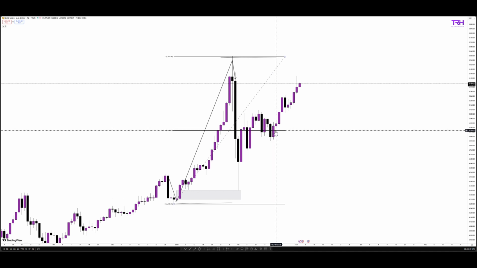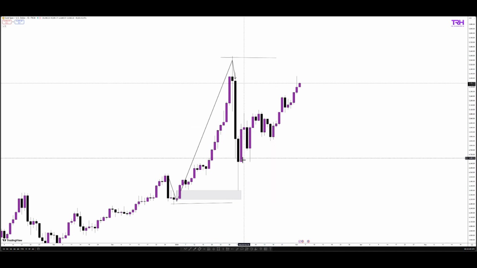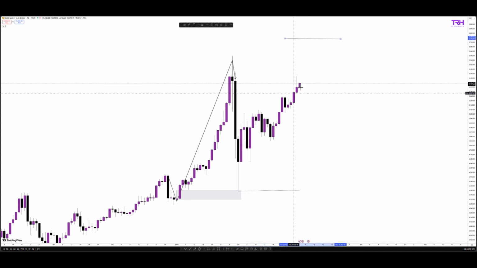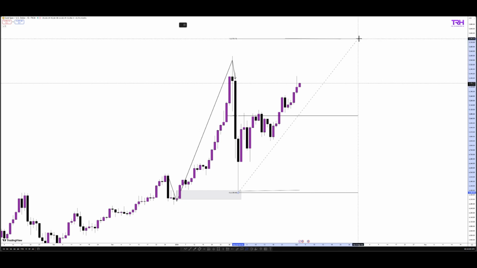Automatically, the move here is done. The next swing that we're going to be working with is this swing low, expecting the market to give us a new swing high, and that happens once the market gets to a point then starts coming back. At the same time bring out our Fibonacci 2 to get the division there, divide it into halves, and wait for price to come into this POI as well.